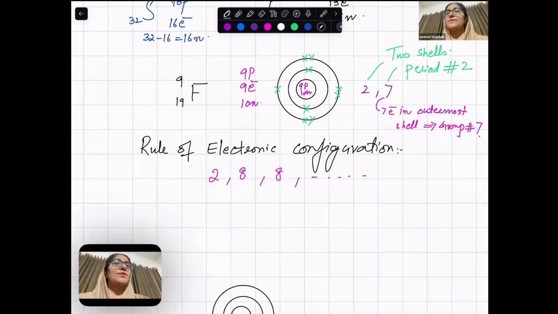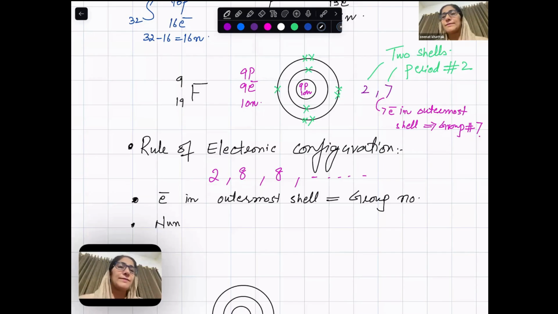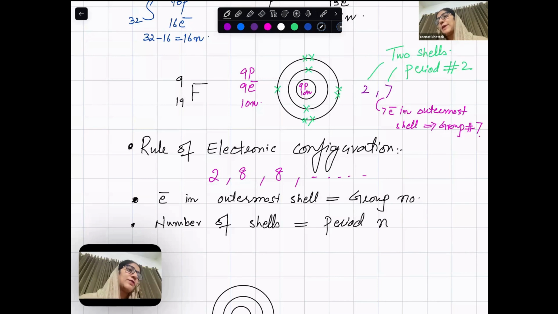The electrons in the outermost shell are actually the group number, and the number of shells is the period number.